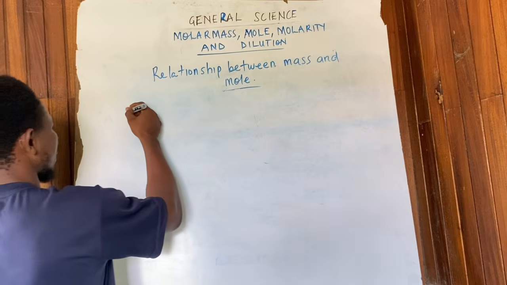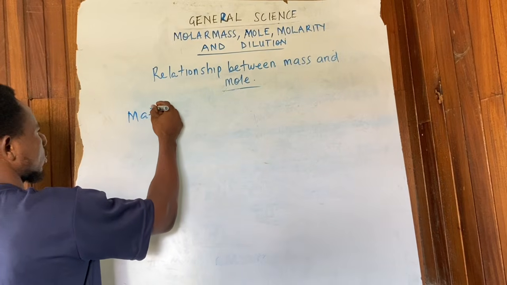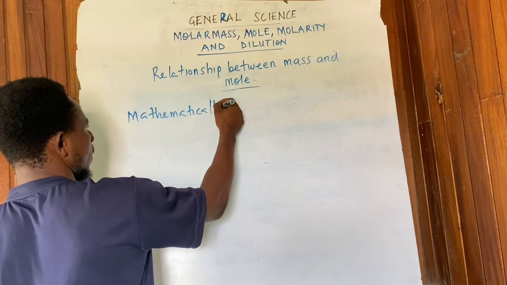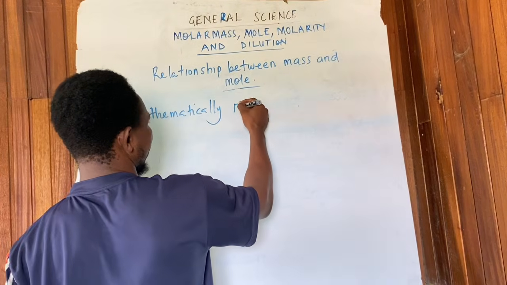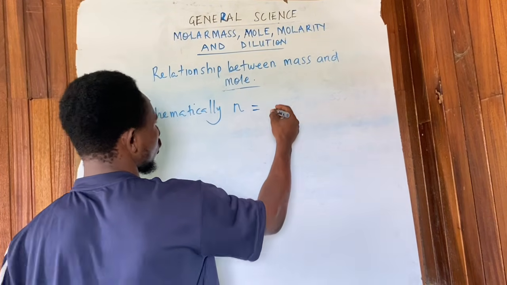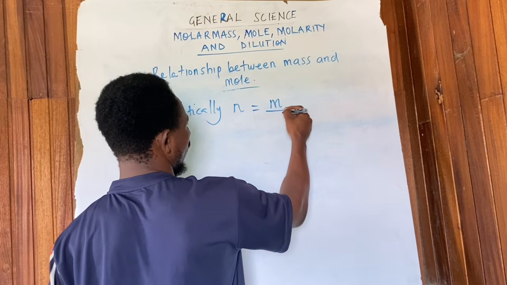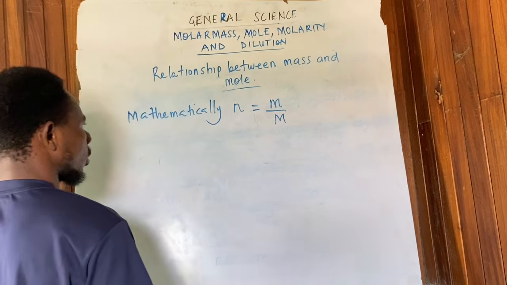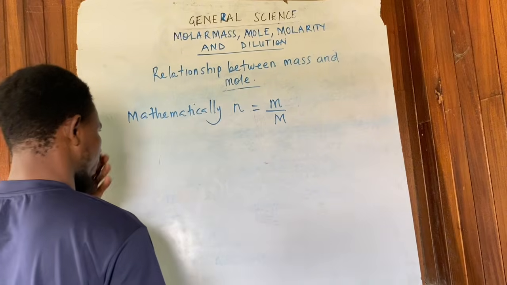Now mathematically, our n is equal to small m over big M. Now, what is n? What is small m? What is big M?